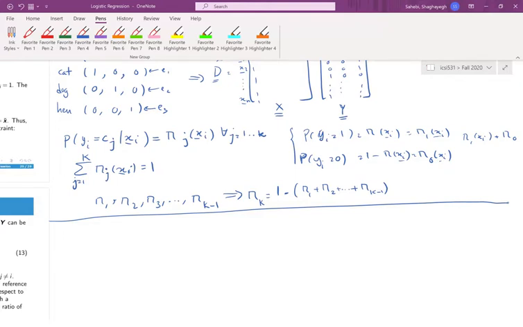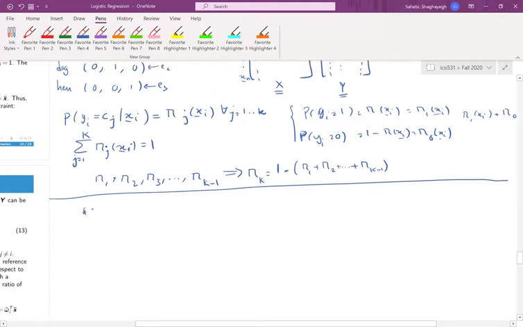So basically, we assume that pi sub j depends on a weight vector wj.